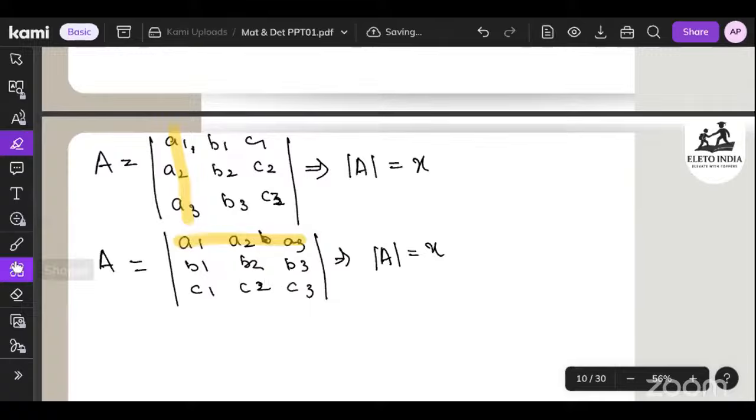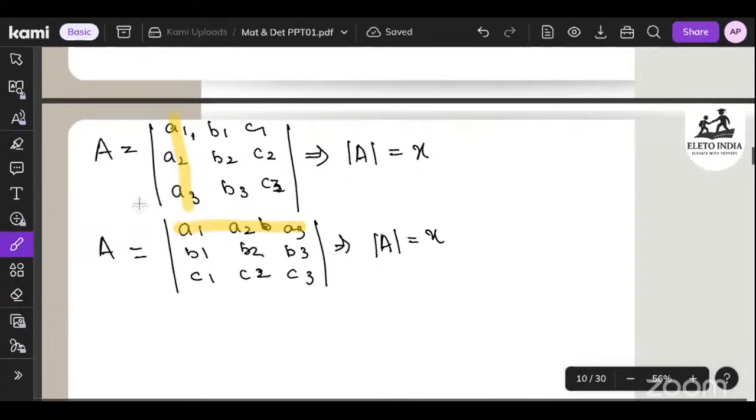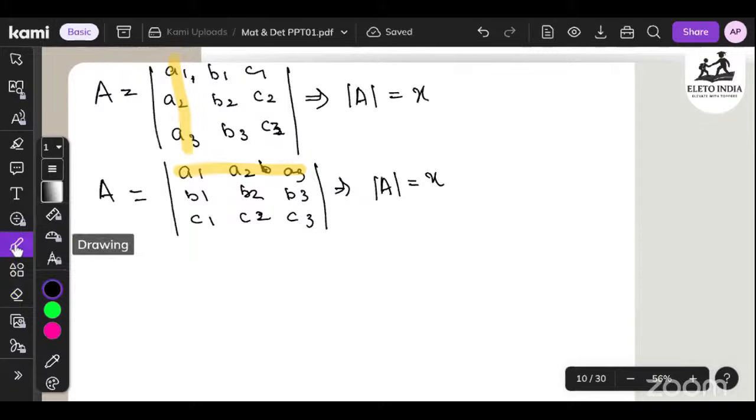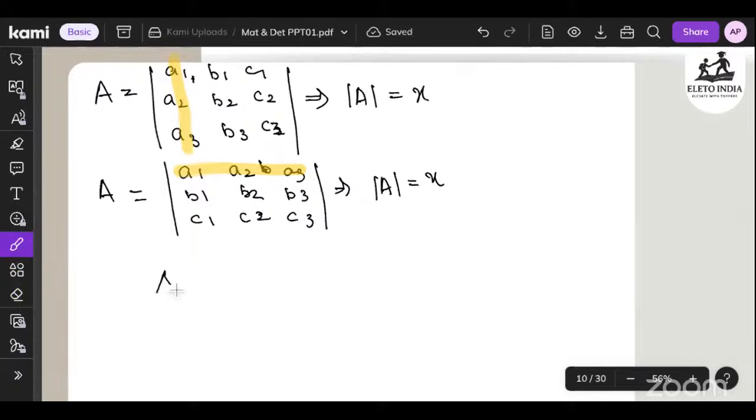In matrices this is called the transpose. Let us take the same matrix A. The determinant of matrix A is equal to the determinant of matrix A transpose.